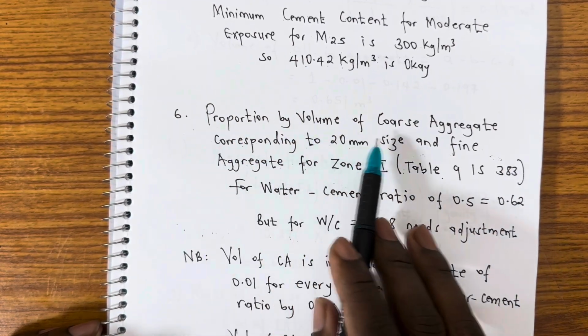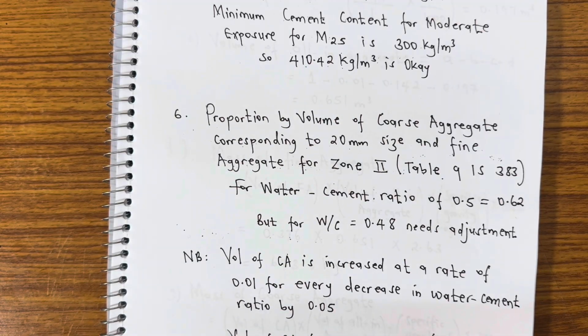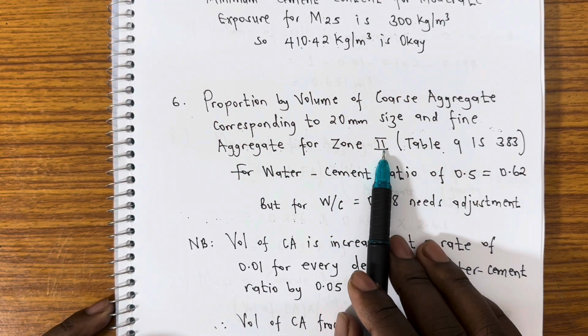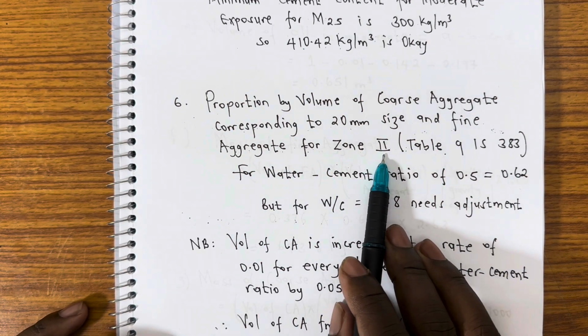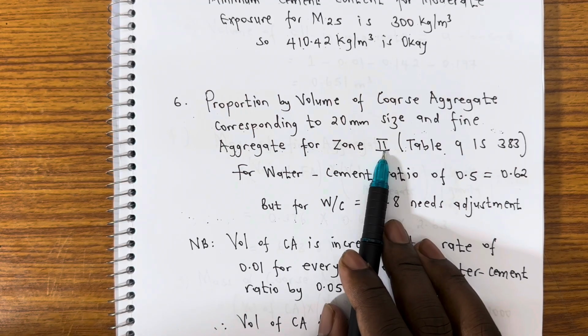In proportion by volume of coarse aggregate, here you also need to observe carefully because there is a slight difference from what we got in our first video. Now the aggregate is of zone 2, same. I told you in our first video that we obtain this zone 2 according to the sieve number 0.6 mm.